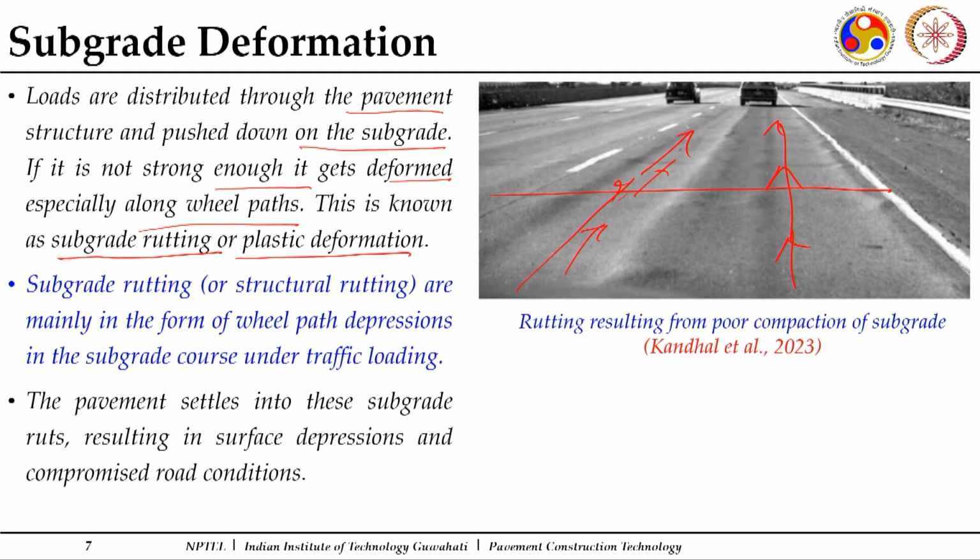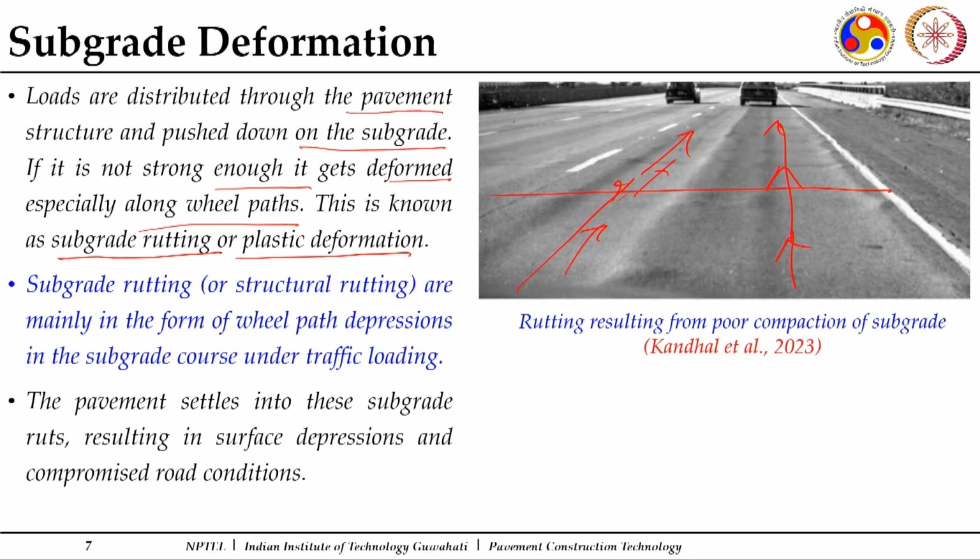There can also be a failure in terms of some functional distress. Functional, especially when a new surface is created, some amount of texture is there on the surface, and that texture gives me the frictional resistance. In due course of time, with the movement of traffic, the texture gets reduced. You might visualize it more in terms of airfield pavements, where whenever an aircraft lands, you need good friction from the surface.